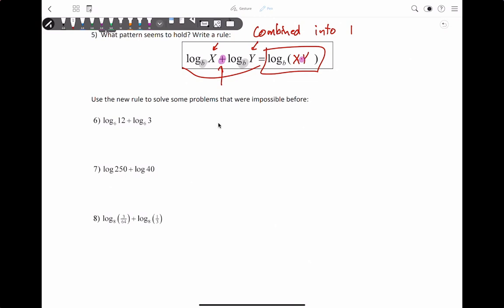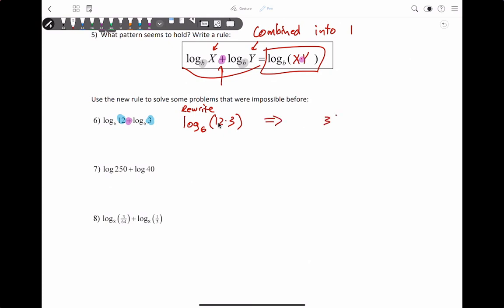Okay, so now, looking at this, if I rewrote this, it's all about the rewrite, this is going to be log base 6 of something. And the reason why I can bring these two together, because this is addition, is that I will end up getting this 12 times 3, which is the same as just 36.